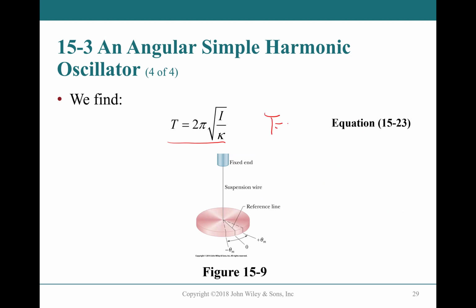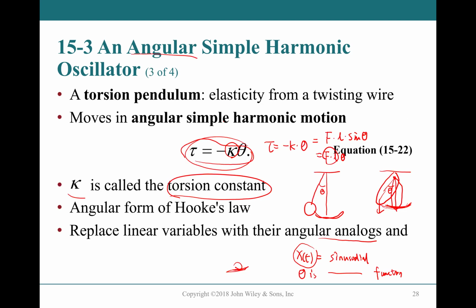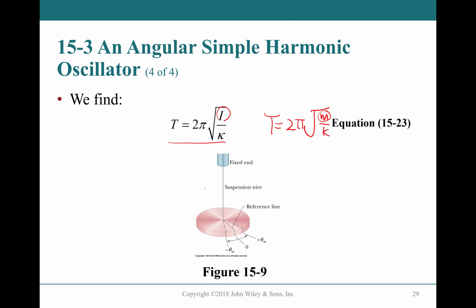Remember before, T equals 2 pi times the square root of m over k. But instead we have the moment of inertia over the torsion constant, for angular simple harmonic motion. So angular simple harmonic motion is something going back and forth, using an angle, which is a sine or cosine function.